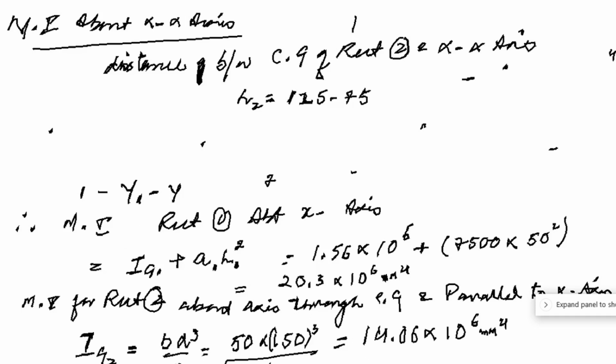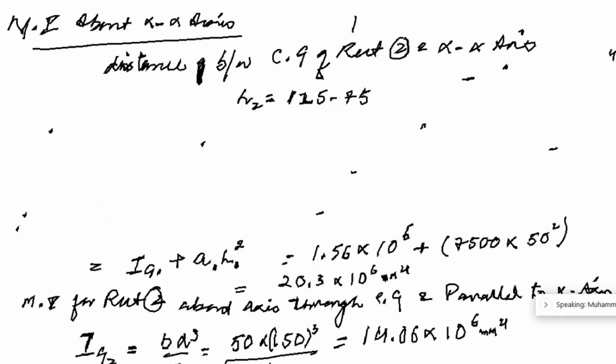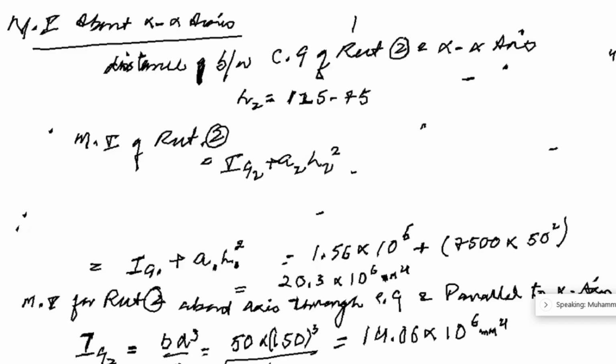Okay, therefore, when we have to calculate the moment of inertia of rectangle 2, that will be again equal to IG2 plus A2 h2 square. IG2 is how much?